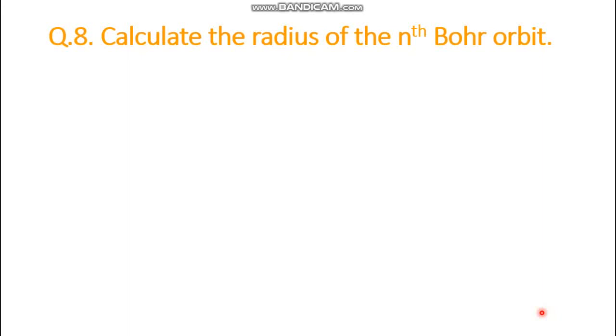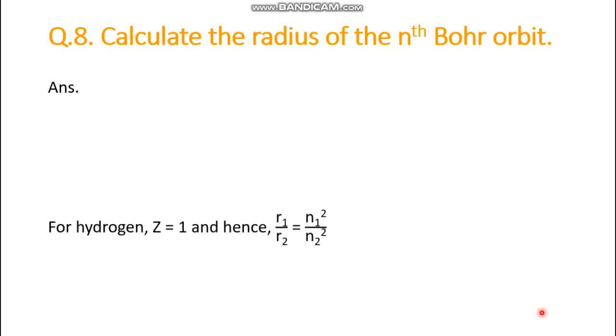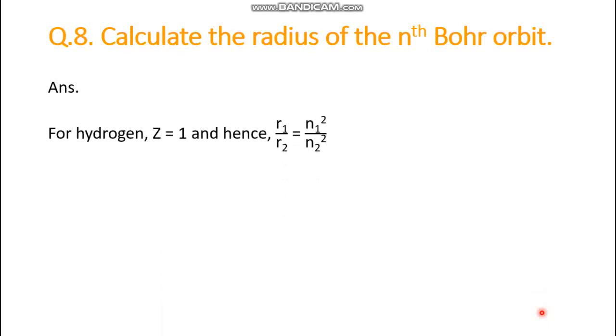Now the next question. Calculate the radius of the nth Bohr orbit, if the first Bohr orbit is 0.5292 angstrom. Very important question. So for hydrogen, Z equals 1, and from the proportionality relationship we can easily write r1/r2 equals n1 squared/n2 squared.